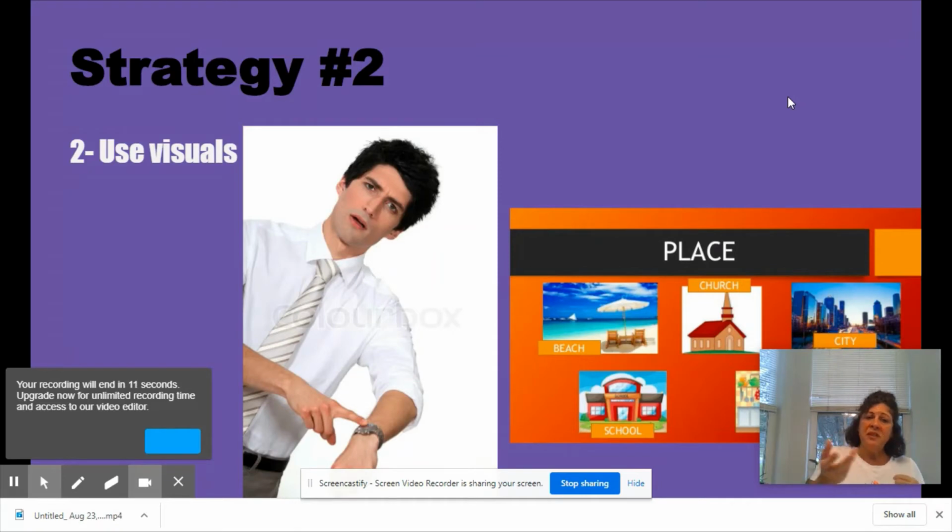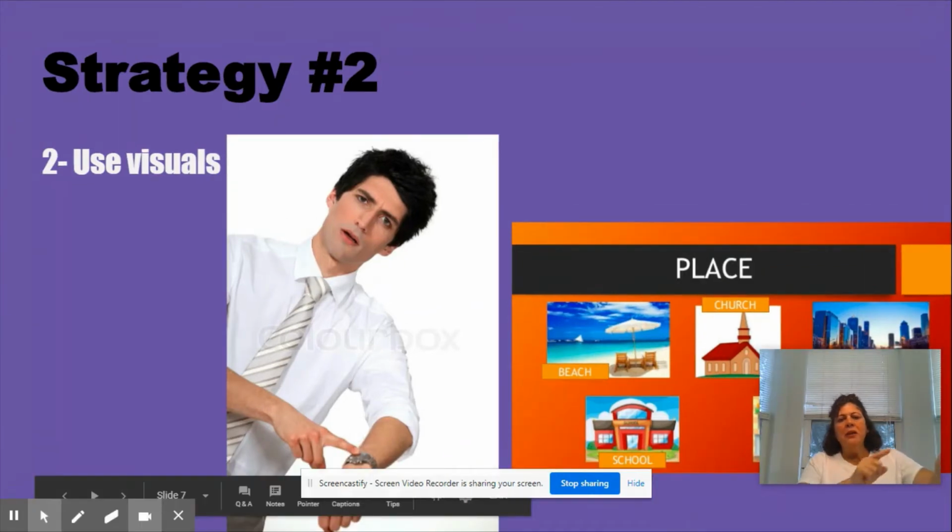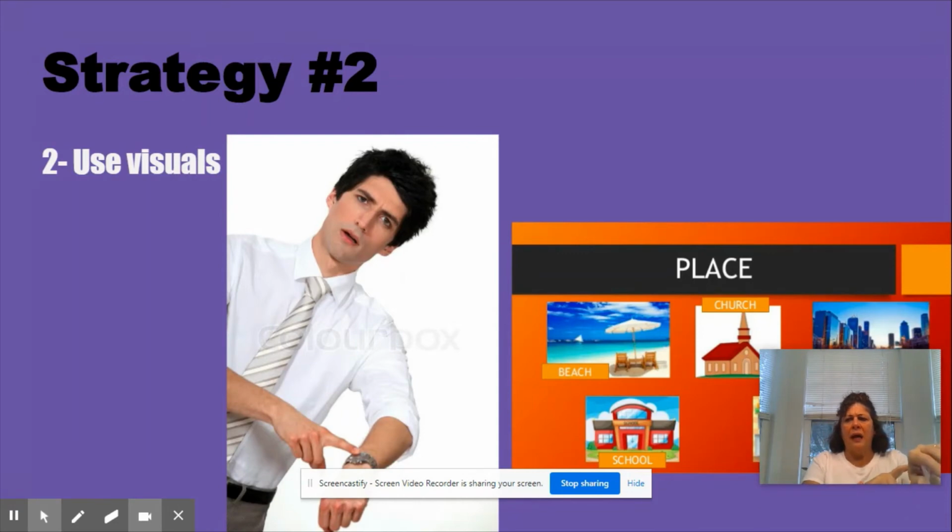So for example, this is one of the visuals that I use when I'm teaching setting. We all know what this action means. I think it's like a universal action that we have for time. So when I'm teaching setting, I do this for my students so that they understand that it has to do with time.